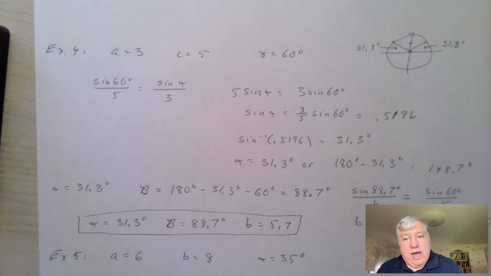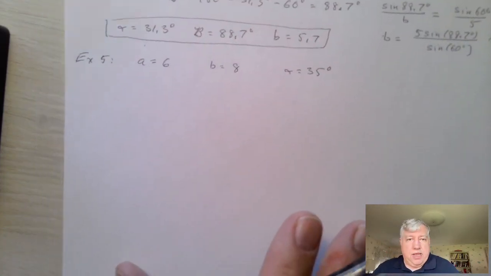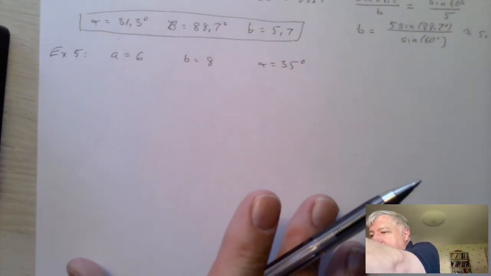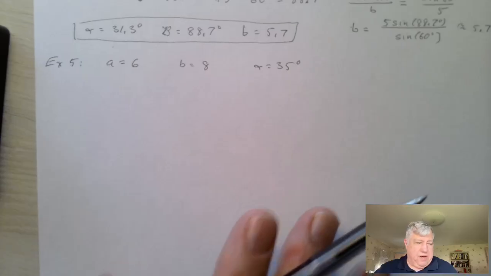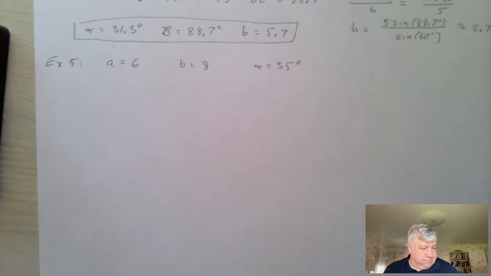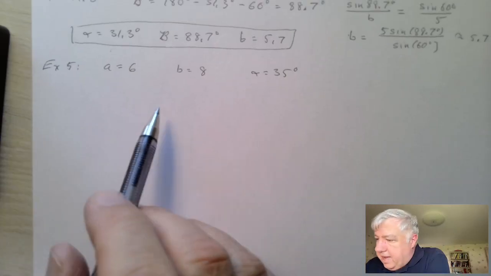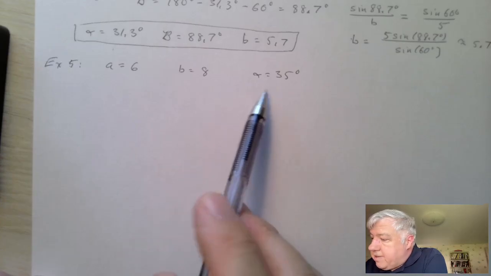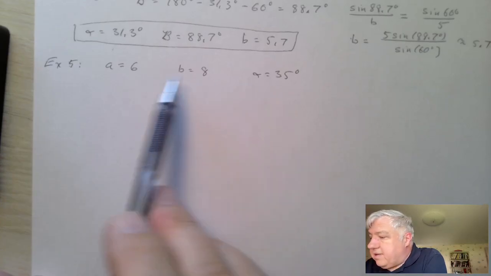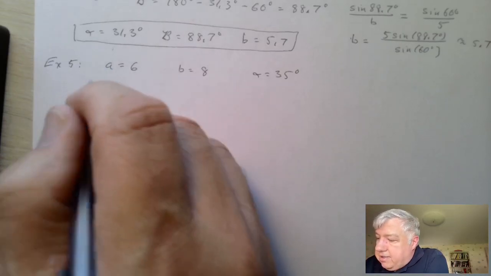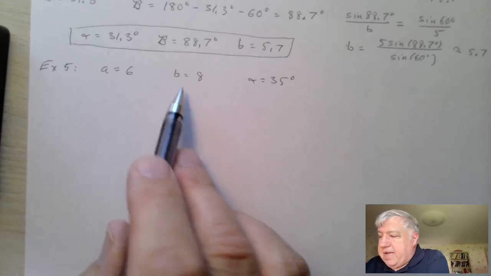Now we could have two solutions though, and that's what we're going to see happen in this next example, example 5. Let's try to do this again. We see that alpha corresponds to a, so we can use the law of sines and find what beta is.